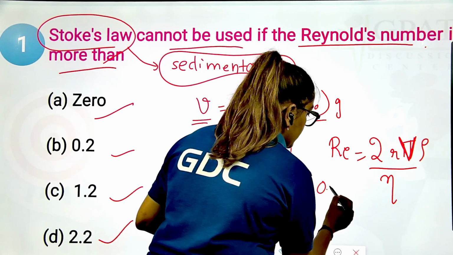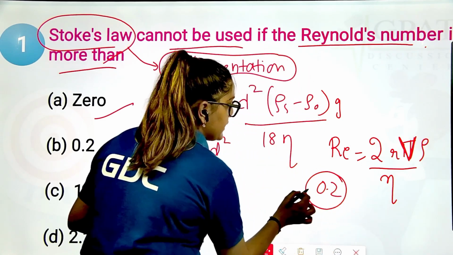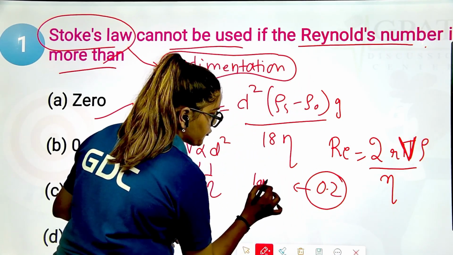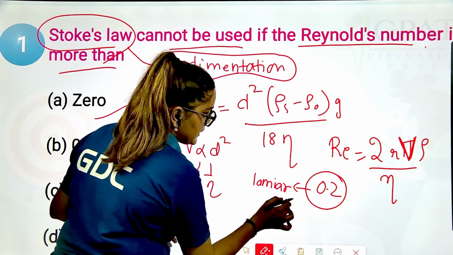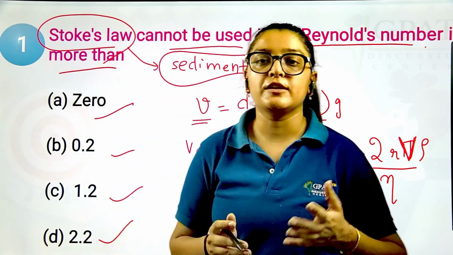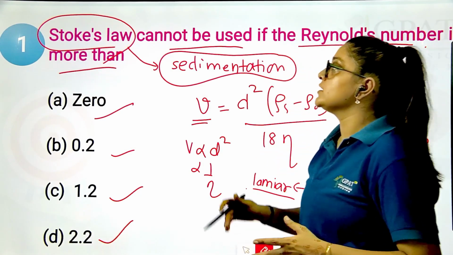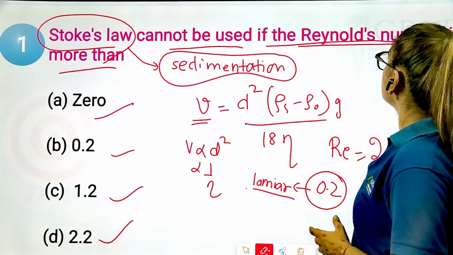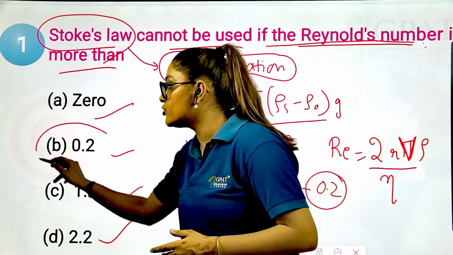If it has a value around 0.2, it will indicate the laminar flow, right? Above this, the turbulence will be much higher. So Stokes law equation cannot be used if the Reynolds number is more than 0.2.